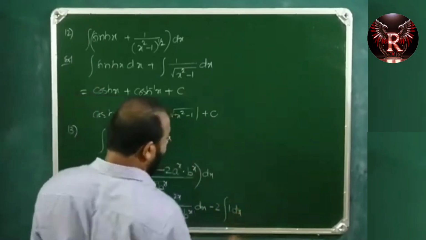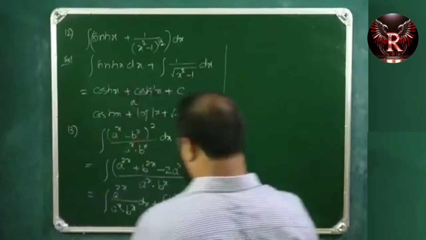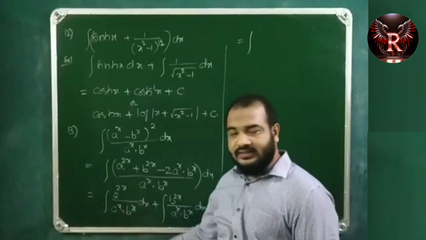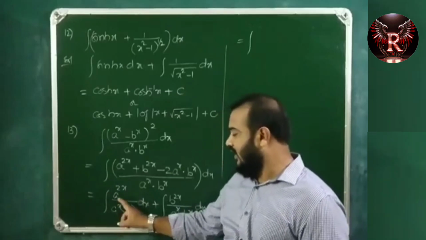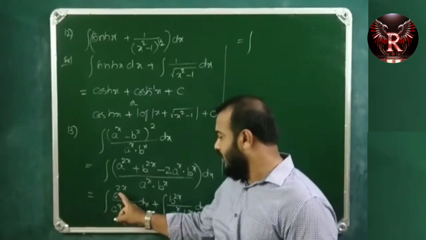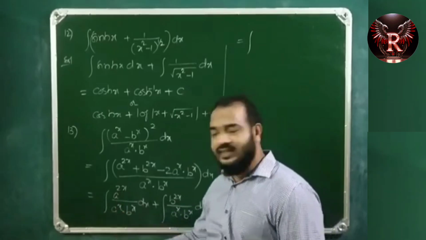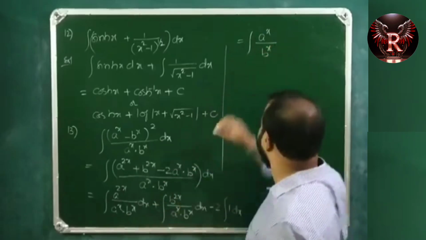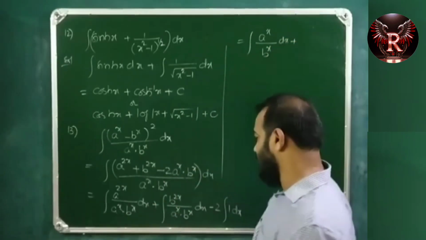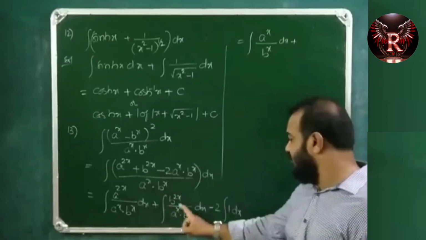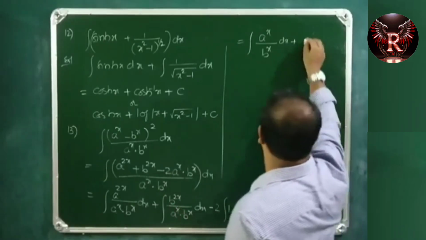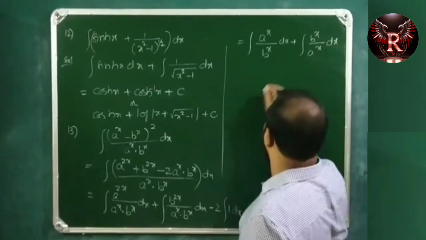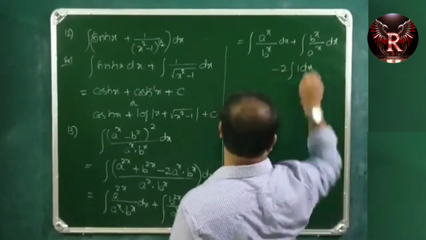We are left with the 1 dx. Here bases are equal, so exponents are to be subtracted: a power 2x minus a power x is a power x, by b power x, dx, plus b power 2x by b power x is b power x by a power x, dx, minus 2 integral 1 dx.